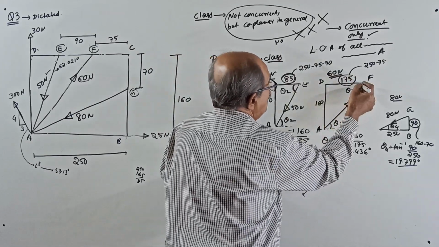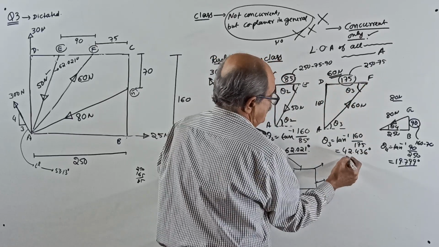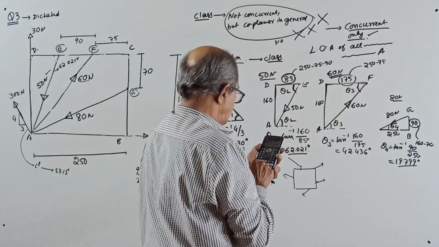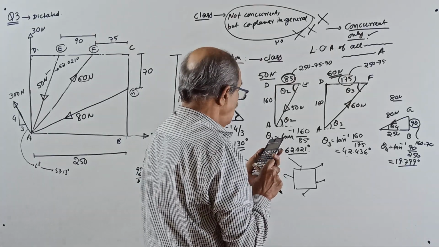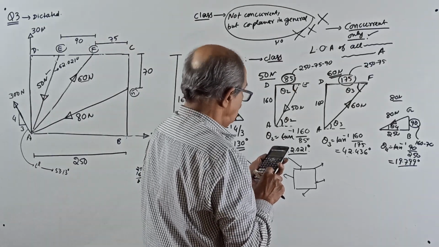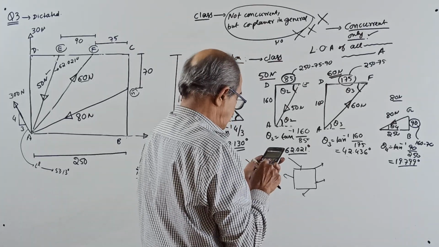So theta 3 equal to tan inverse of 160 by 175. Shift tan inverse answer.